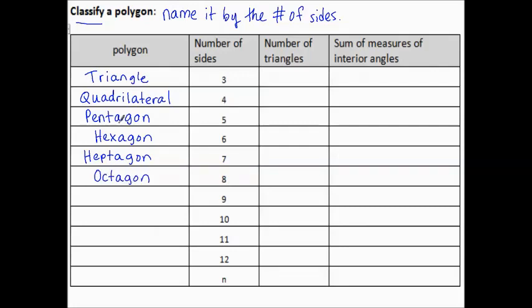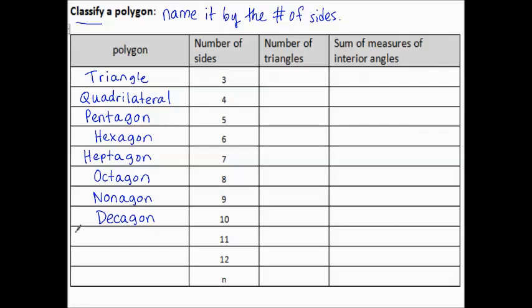Notice all of these are agon, agon, agon, agon. Please know that and spell it correctly. 9 sides is a nonagon. 10 sides is a decagon. Think of a decade as 10 years. Decagon is a 10-sided polygon.